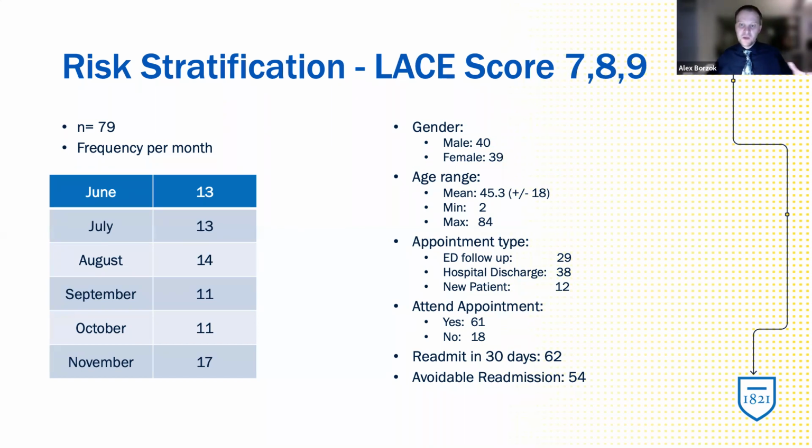So that opens up a much wider range of demographics. Basically, the entire practice falls within this category of LACE 7, 8, 9, which emphasizes why you need risk stratification in place to cut through the bulk of patients and identify who needs these resources.